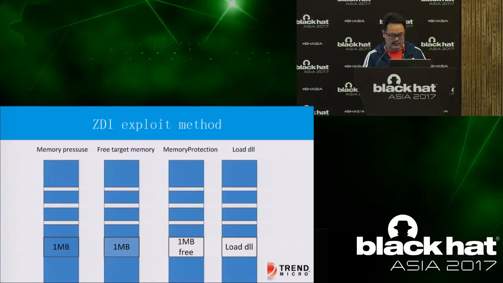If this target address is cleared in the stack, then we can know the DLL is successfully in this place, because we can guess this address. So when we know the DLL at this place, we can successfully get the DLL base address in the process. This is ZDI's method.